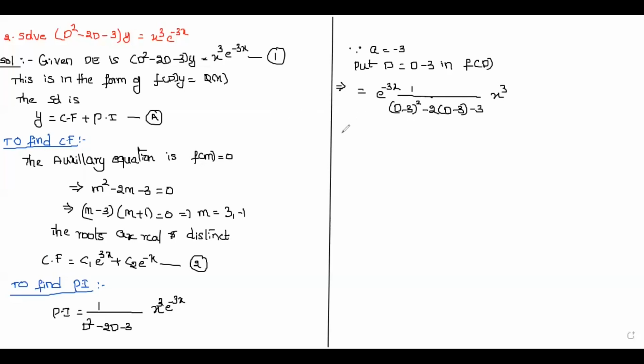So if we expand this term, this will be equal to e power minus 3x into 1 by D square plus 9 minus 6D minus 2D plus 6 minus 3 into x cube.